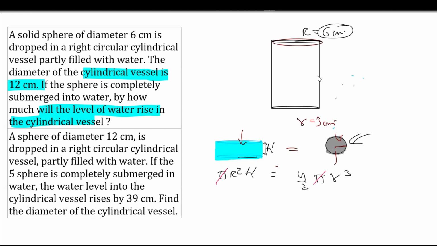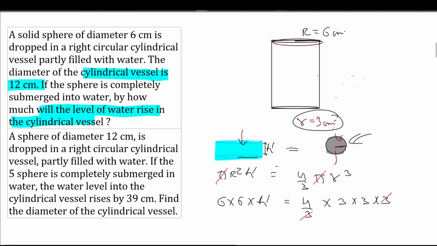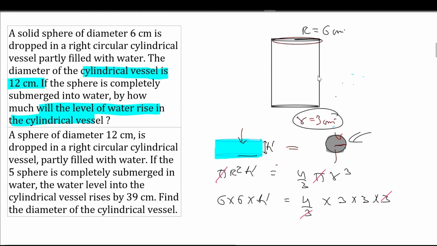We know the radius here as 6. So we are going to write here 6 into 6 multiplied by H dash is equal to 4 over 3 multiplied by r cube, and r is 3 over here. So it's 3 into 3 into 3. Further, I can see that this 3 gets cancelled and we can reduce it further. Say I'll get H dash over here.